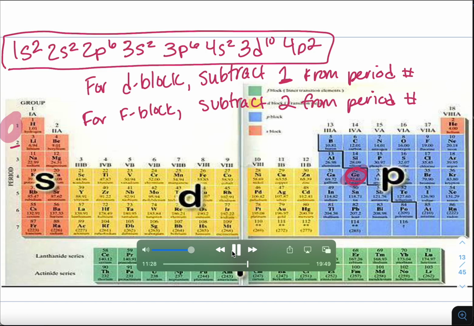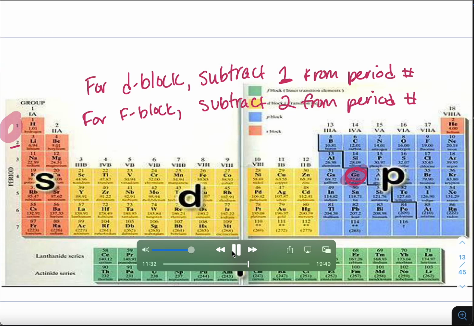Okay, so it's a good little check at the end. But please remember about the D block. And then for the F block, which is down here, this is 4F and this is 5F. And they go right in here, actually.